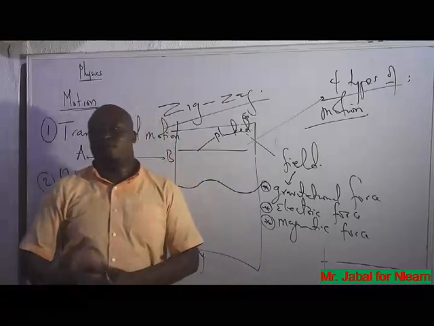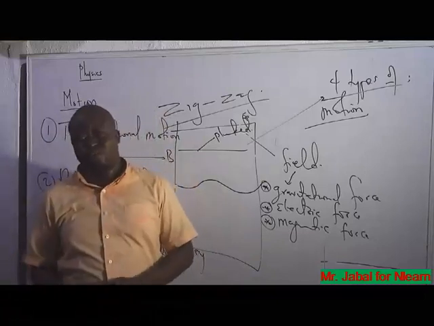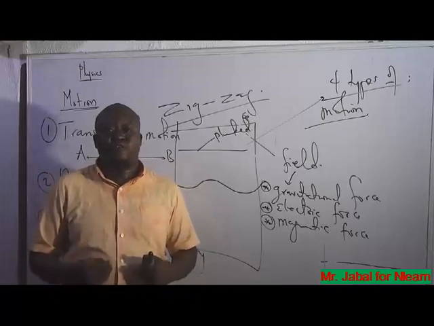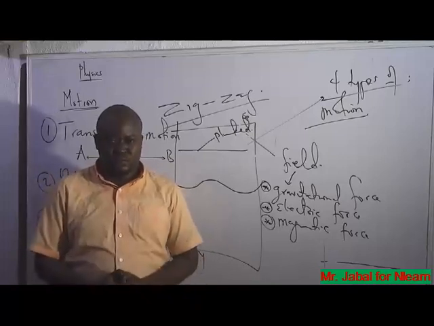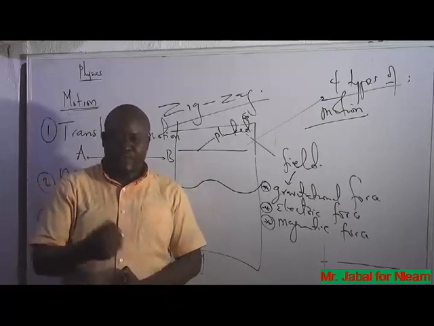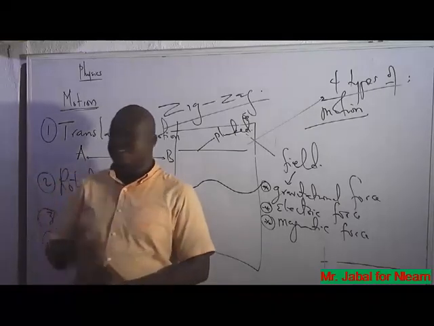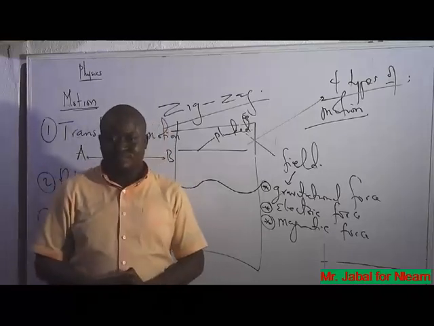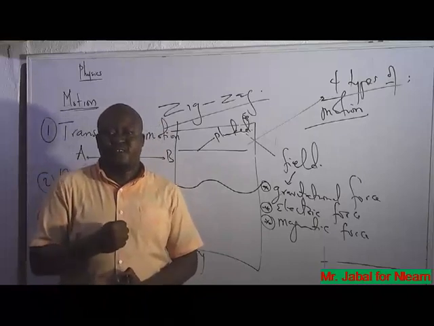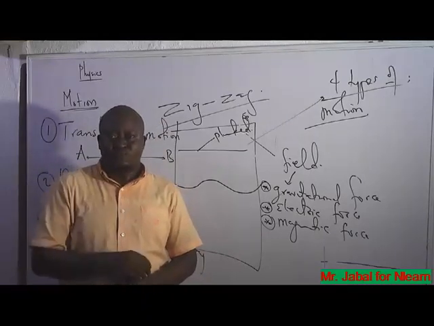Now, another example of oscillatory or vibratory motion is the motion of matter molecules. Matter, you were told, is anything that has mass and occupies space. Solids have molecules.